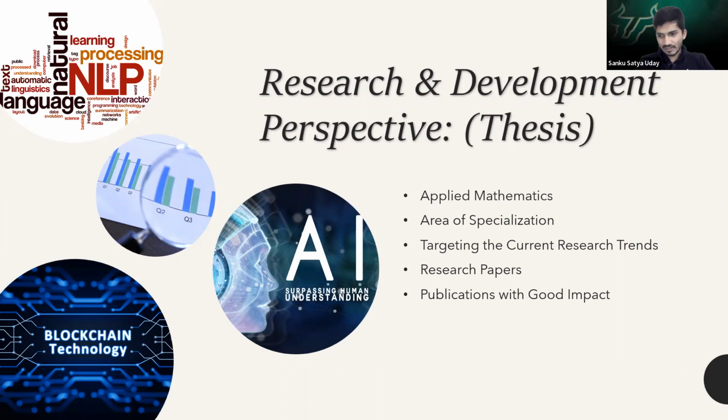The main thing which is required is applied mathematics in the computer science field, because applied mathematics is very important in any field. If you consider artificial intelligence and machine learning, applied mathematics is a very crucial part. What applied mathematics is, is that you should be deriving some of the equations and theorems in mathematics, right?